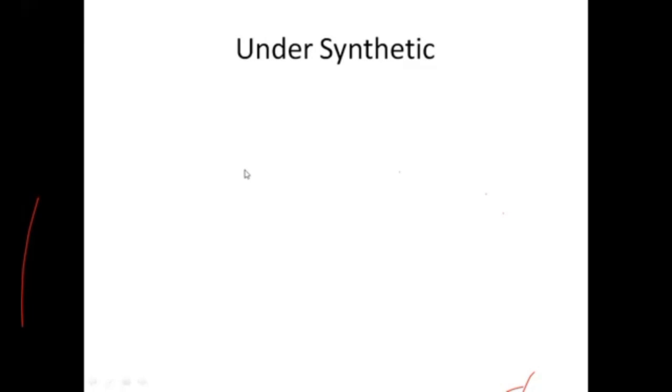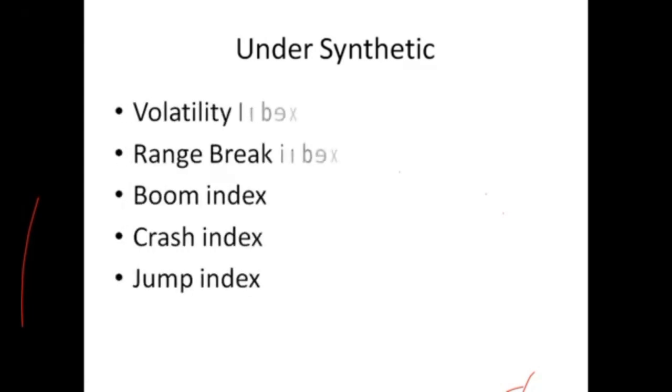Now, on the synthetic, we have what we call the volatility index, the range break index, the boom index, the crash index, and the jump index. Out of all these indices, we are going to be focusing more on the boom index and the crash index.